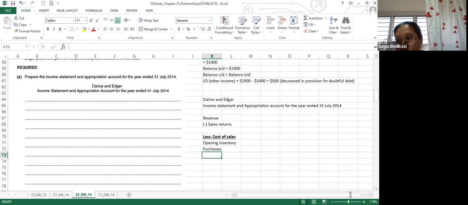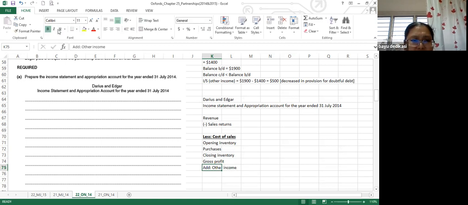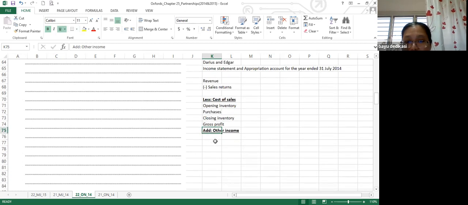Okay, what else do we have for this one? Purchases, closing inventory, and then you get your gross profit. Okay, this question you have an other income section. Because just now we calculated, we have the decrease in the provision for doubtful debt.